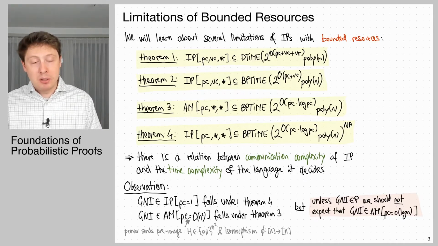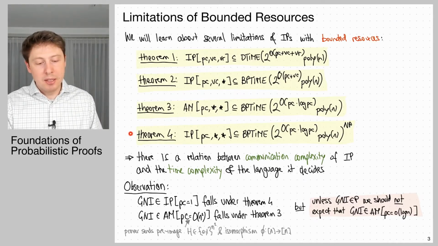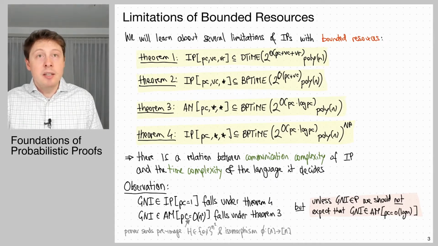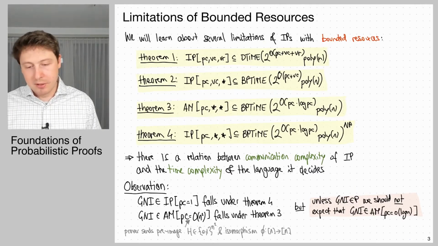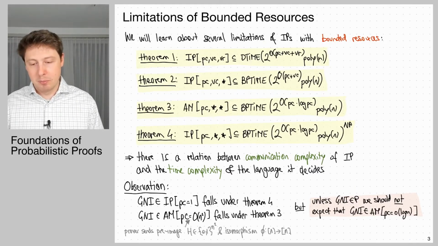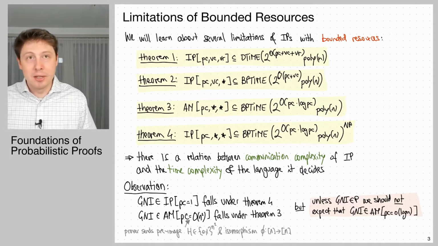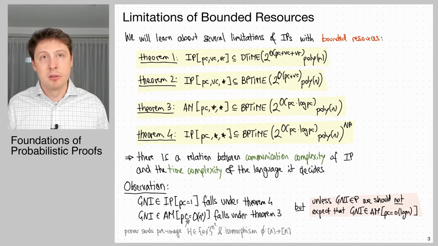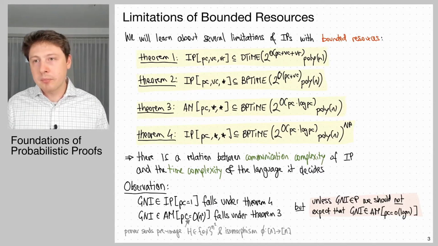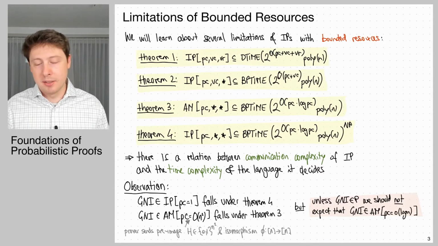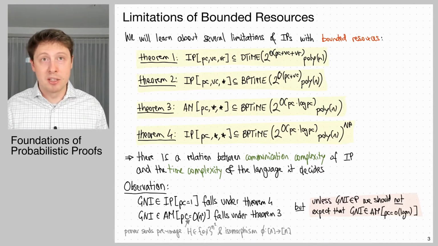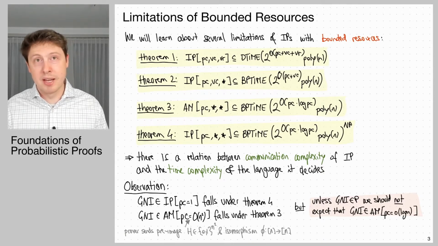But what about private coin? Theorem 4 doesn't really rule out anything, and indeed it doesn't. But there are stronger variants of theorem 4 that I didn't write in this lecture. I will put them as references in the syllabus, and they basically tell you that even if you are fine with private coins, we really cannot expect general interactive proofs with sublinear communication for SAT.